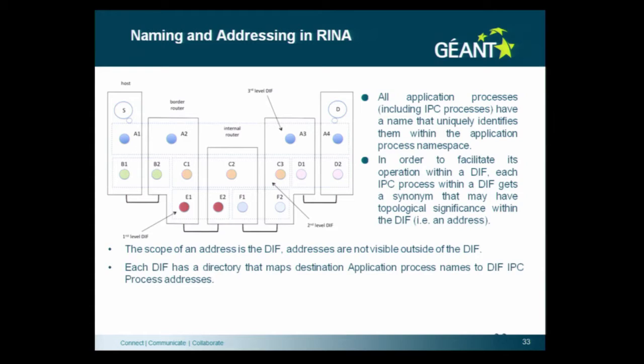Each DIF has a directory that maps the destination application process to the IPC process. So you have this important mapping between your application here and here. Because it's recursive, it's exactly the same here and here, and exactly the same here and here. You need a discovery mechanism for the application on top, and you can reuse current solutions for that. A DNS system would be able to do that in a centralized way.